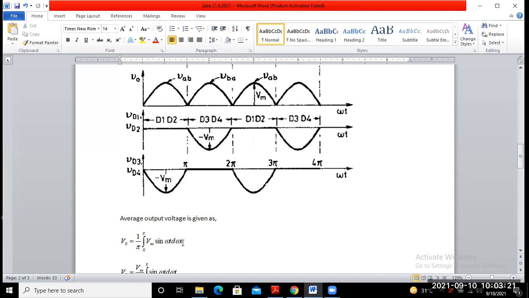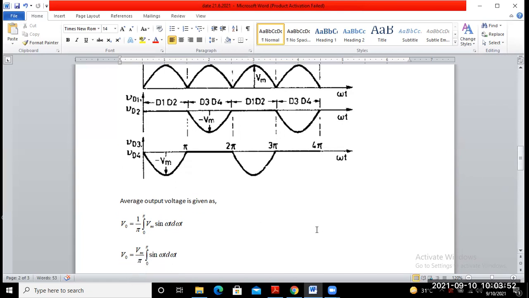Now you just integrate this sin omega t d omega t and put in the lower limit and upper limit, and you will get the average output voltage value. You may take this Vm as a constant, because this is a constant term, so you can take it outside of the integration. So in the next step you can write Vm by pi, integration from 0 to pi of sin omega t d omega t.